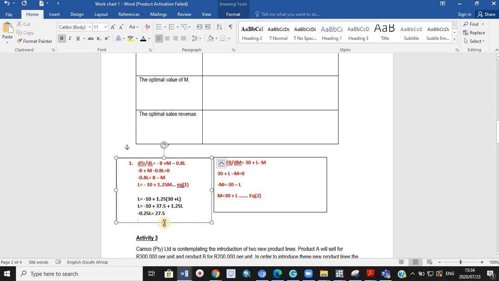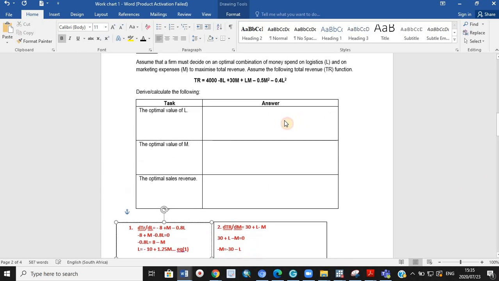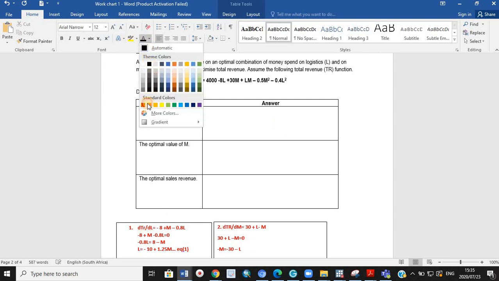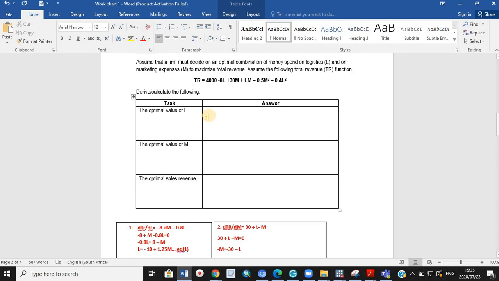If we divide this, L should be equal to 27.5 divided by 0.25, minus 110. That means the L is minus 110. The L is minus 110.